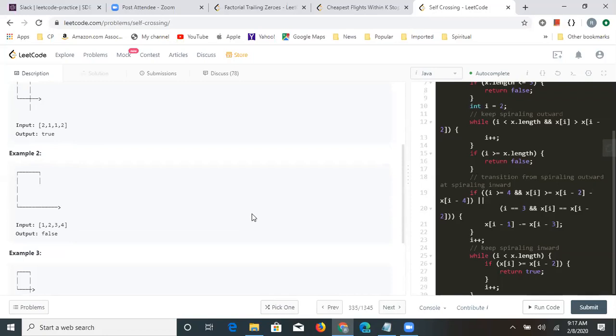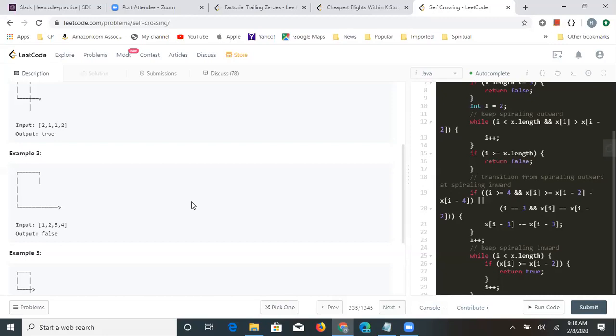So my initial idea was, if we want it to cut, when we go up, the value that we are going down had to be same or greater than the value that we are going up. Similarly, if we go left, the value that we go right has to be greater than or equal to the value that we go left.